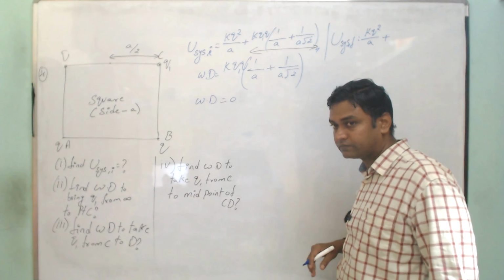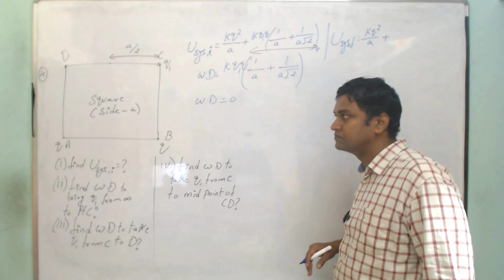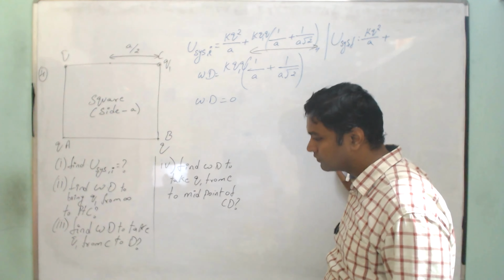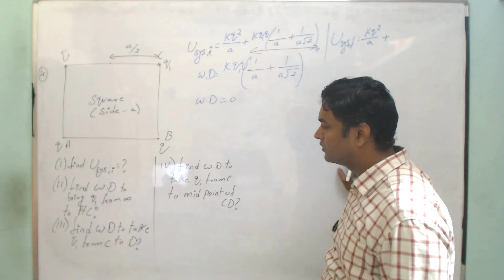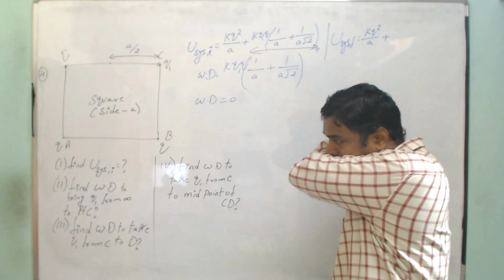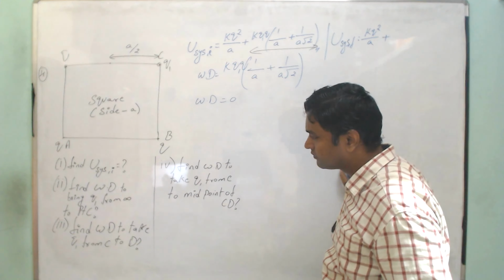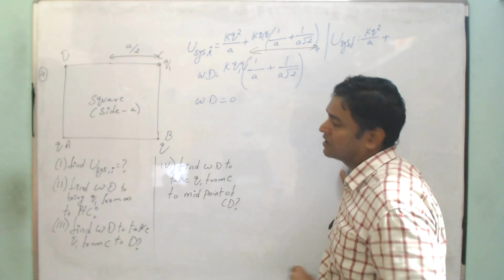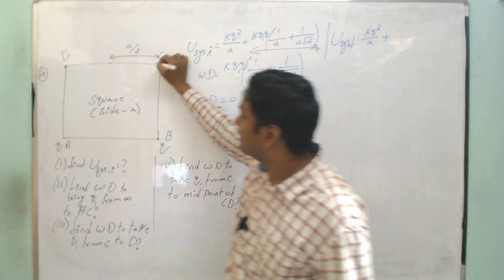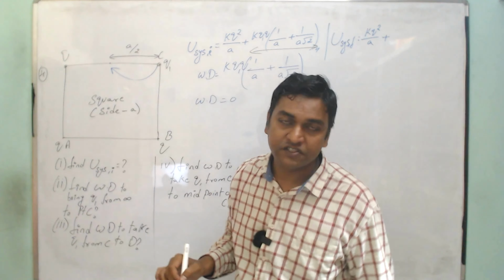We have to take potential energy between A, B, and C, and A, B, and the midpoint. We have to find the work done to take the charge Q1 from point C to the point that is the midpoint of CD.